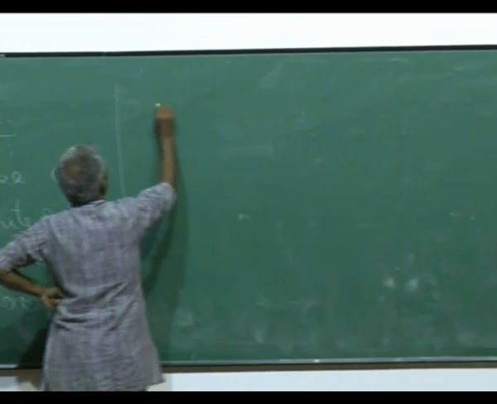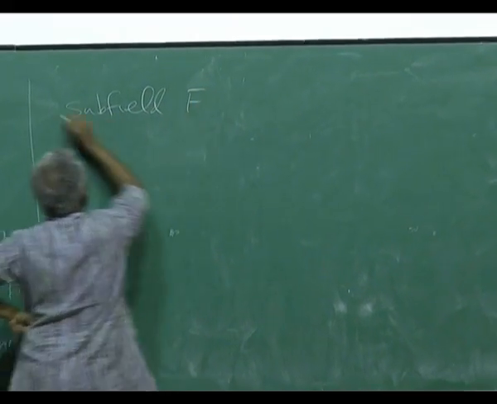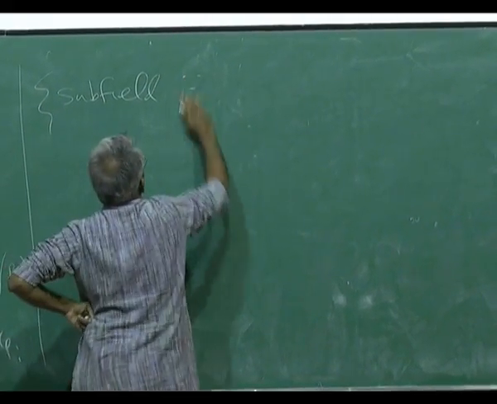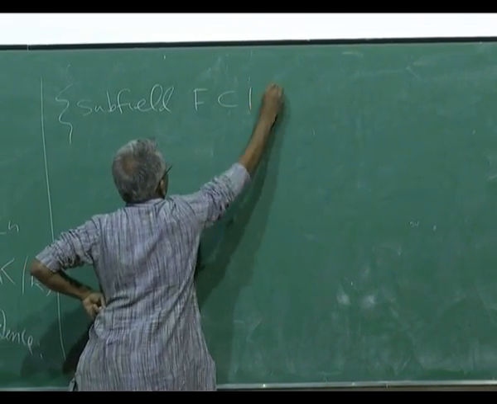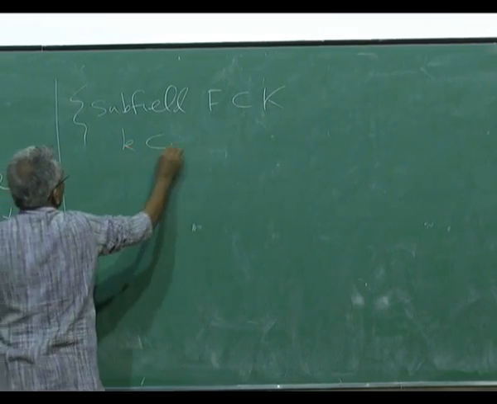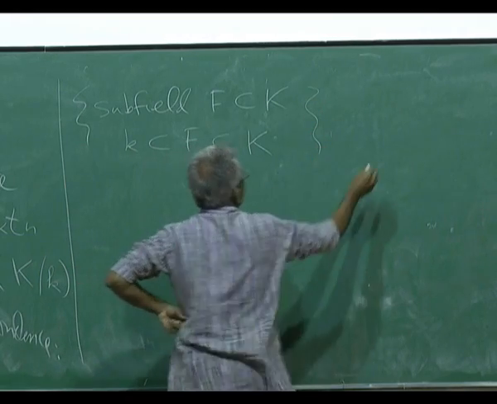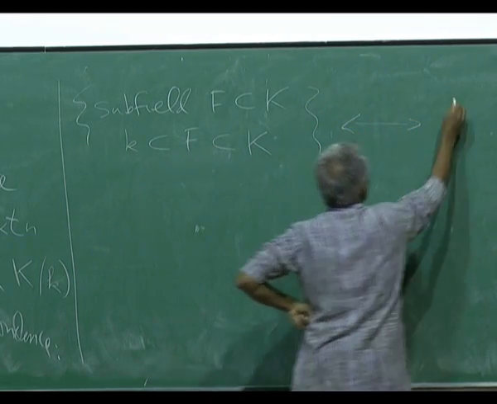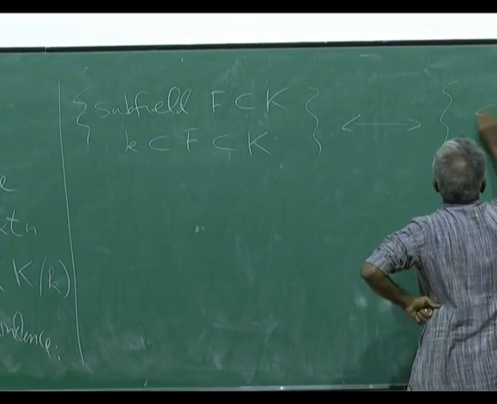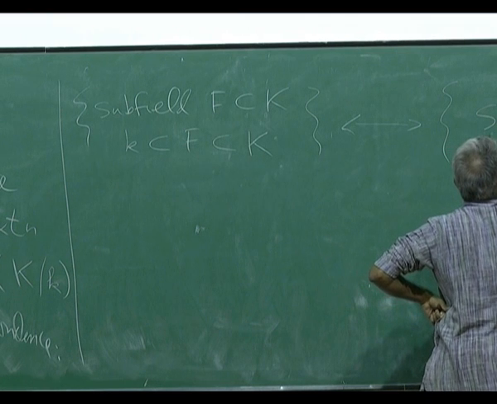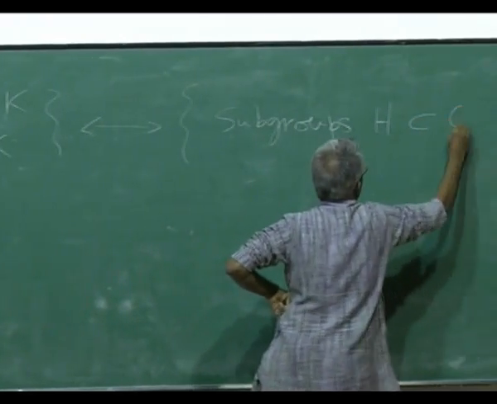Between subfields, so the set of all subfields F, that means small k contained in F contained in capital K, on the one side, and on the other side, subgroups H contained in G.